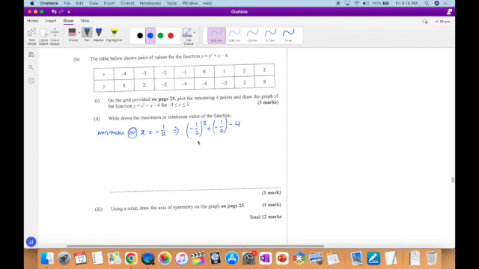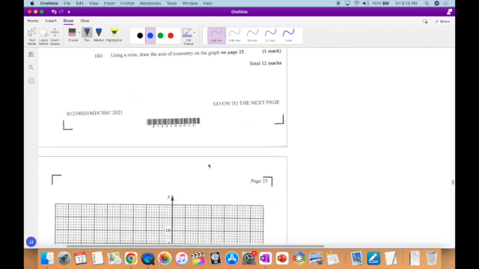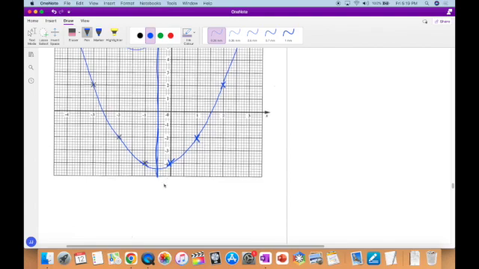So we will have a quarter minus a half minus 4, which gives us minus 4 and a quarter. So therefore the minimum will be the point minus a half and minus 4 and a quarter. And of course drawing the axis of symmetry helped us to find that.